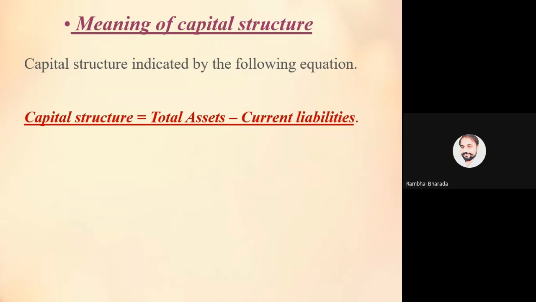Again I repeat, we can also do it this way: total assets minus current liabilities, and capital structure is equal to equity plus preference plus debentures plus bonds plus long-term loans including reserve and surplus. Are we clear? Reserve and surplus means internal source. All of you who are here in online mode, are we clear about the concept?